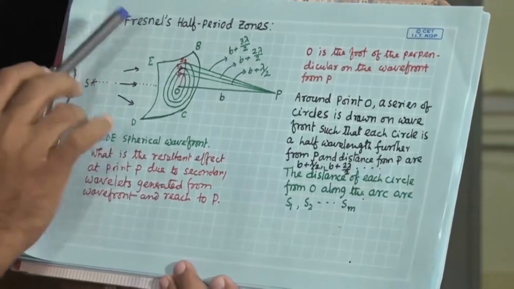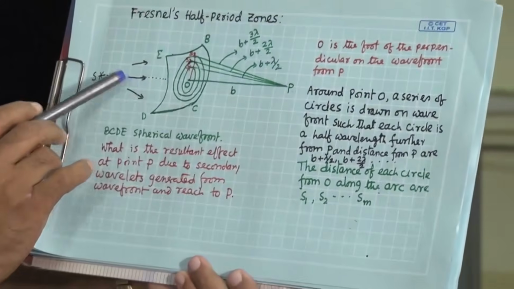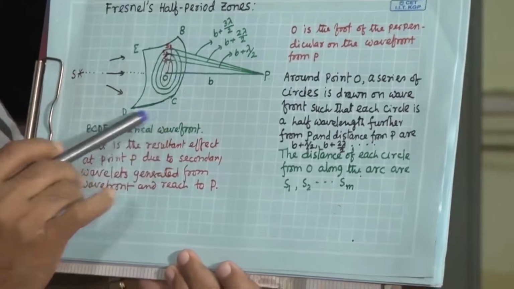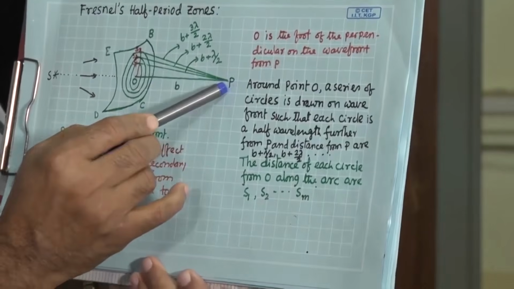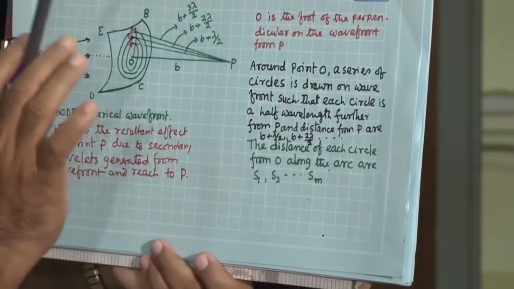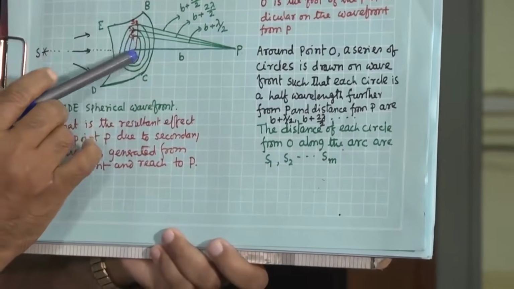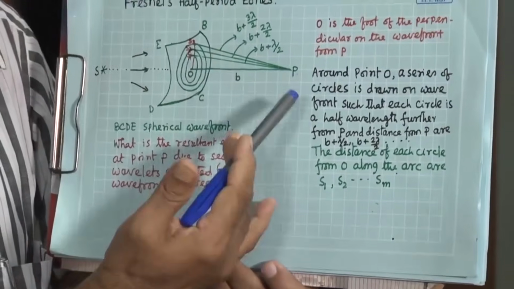So these Fresnel's half period zones, okay. You have a wavefront, and this is the point on the screen. So from the wavefront, secondary wavelets will pass in all directions.